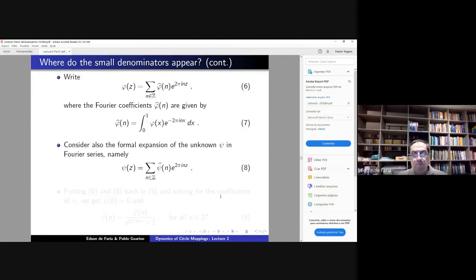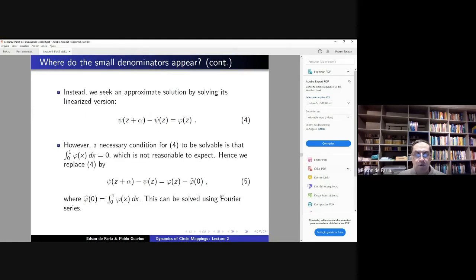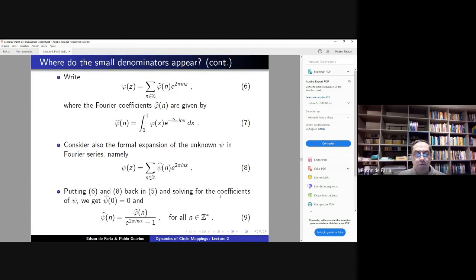If you formally put this information back into equation number 5 and solve for the coefficients, you deduce that psi hat of 0 is 0, and psi hat of n is given by this ratio: phi hat of n divided by e to the 2 pi i n alpha minus 1, for all non-zero integers n.